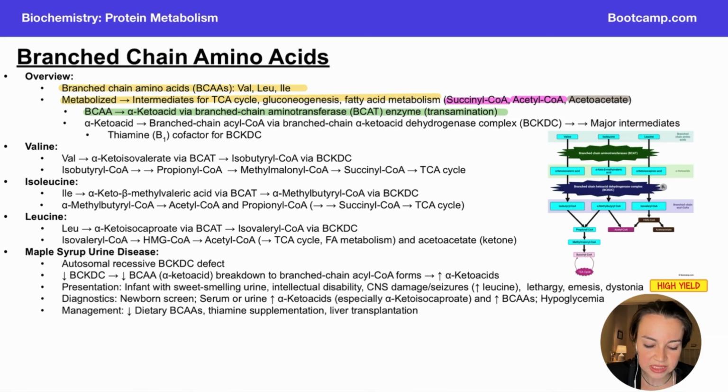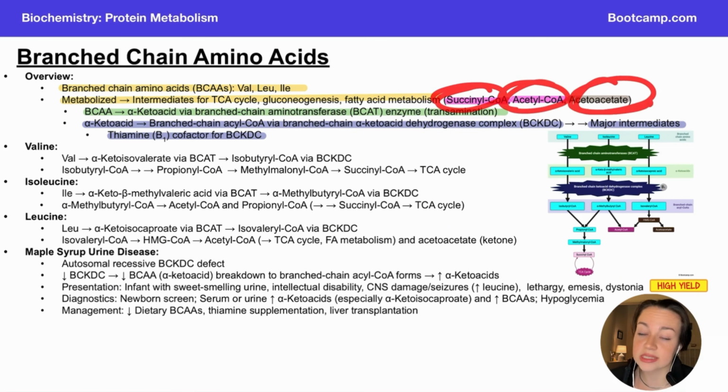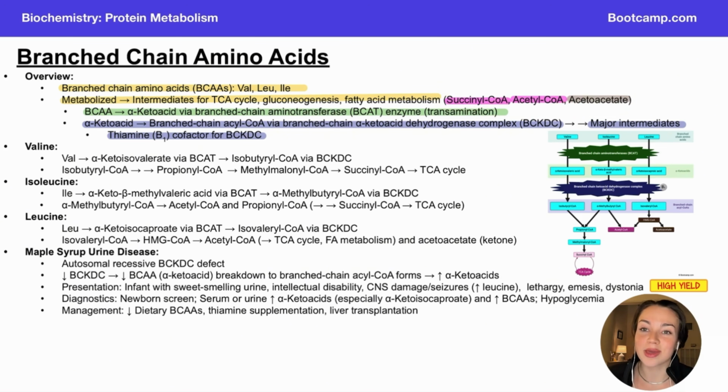Then the BCKDC enzyme, which has a thiamine cofactor, turns the alpha keto acid into its corresponding branched chain acyl-CoA. Those could go on to form some combination of our key players, succinyl-CoA, acetyl-CoA, and acetoacetate, which are important intermediates in other metabolic processes.